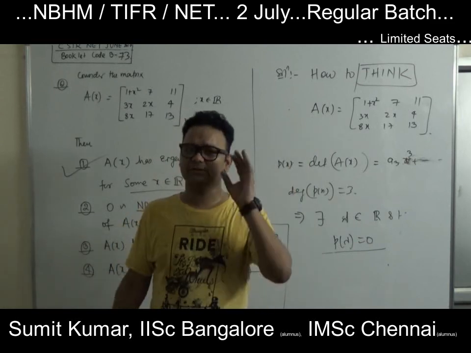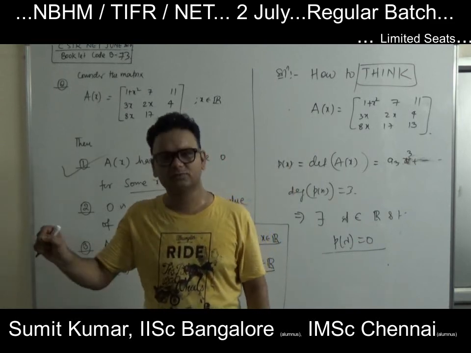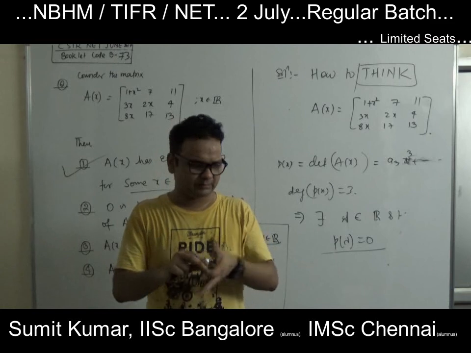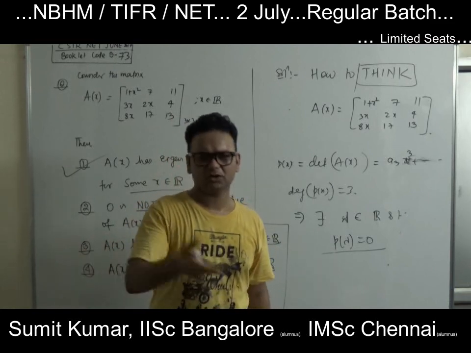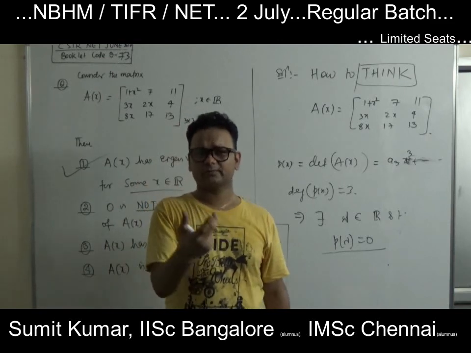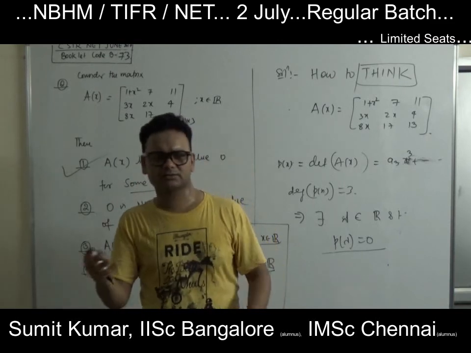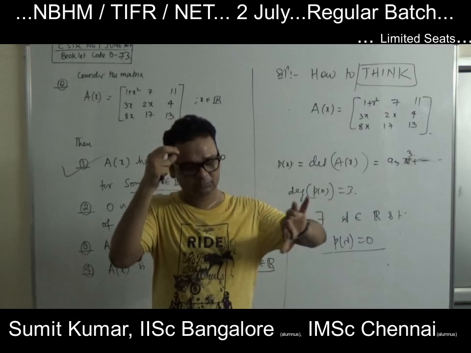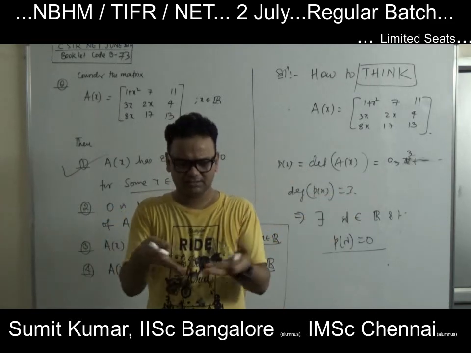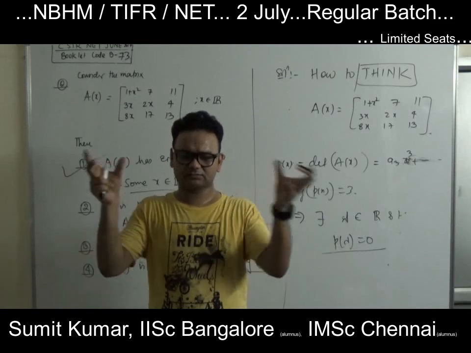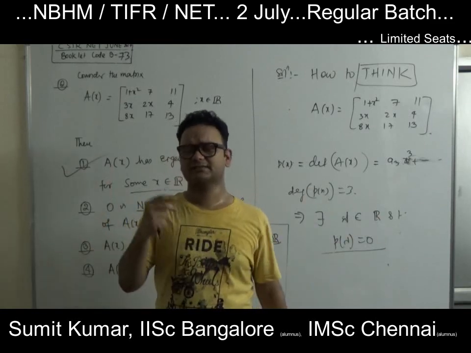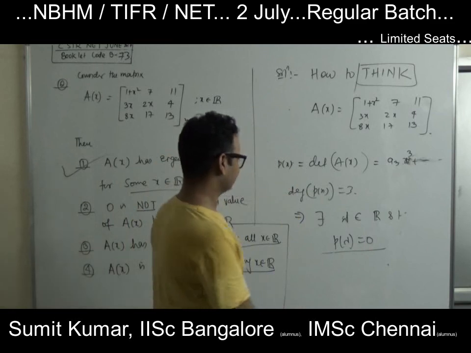The determinant of Ax is going to be non-zero where it is not equal to 0. How many points can the determinant of Ax be 0? At most 3 values, either 1 or 3, because an odd degree polynomial has either one real root or 3 real roots. If I remove those real roots from the real numbers, I will have infinitely many, uncountably many real numbers left. So that is where the determinant of Ax is non-zero.